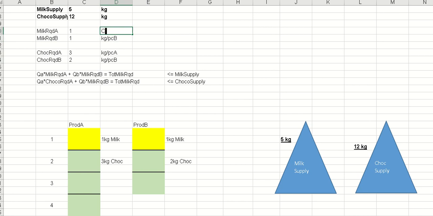I'll just write it down. I just copy this. All right. And so the total milk required is, you just multiply the number of pieces of product A times the milk requirement, and the number of pieces of product B times the milk requirement in product B, so that you have the total milk requirement, and this should be less than or equal to the milk supply.